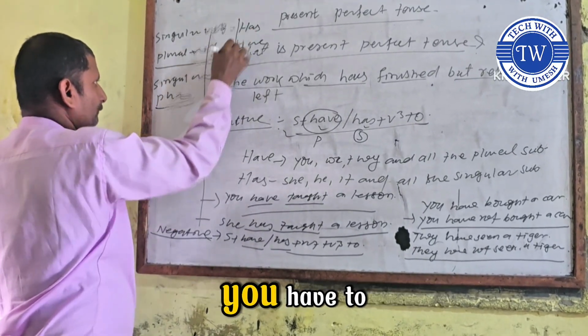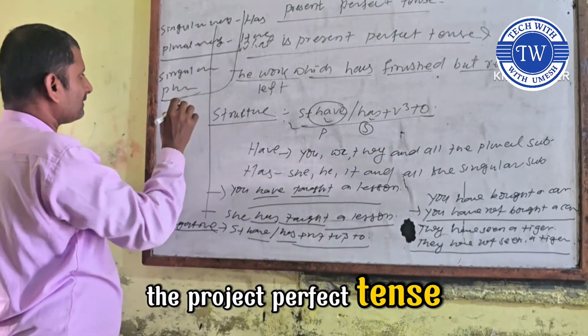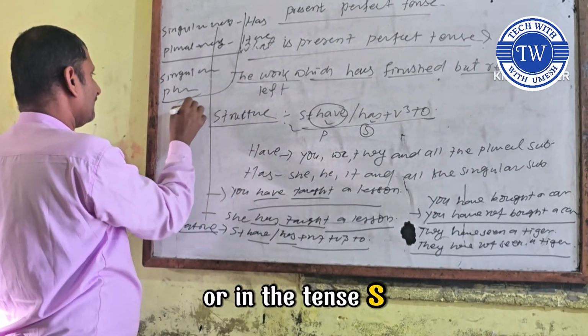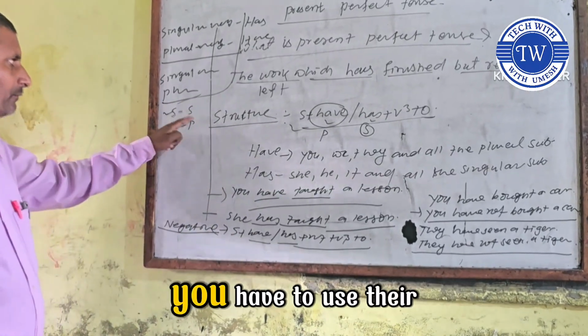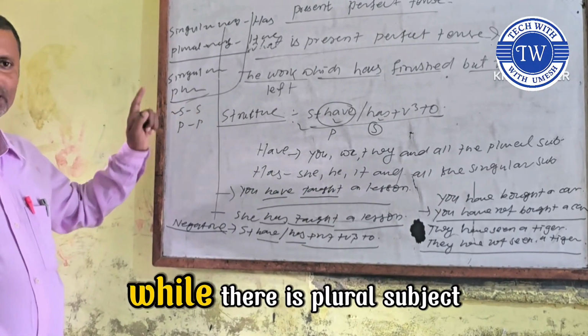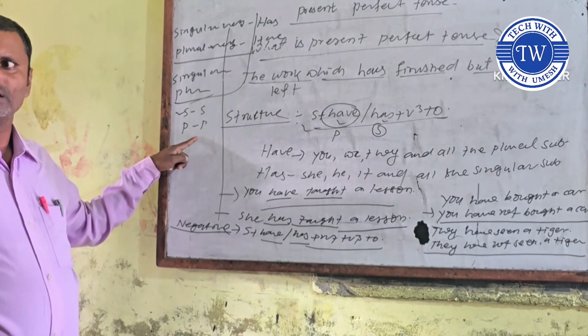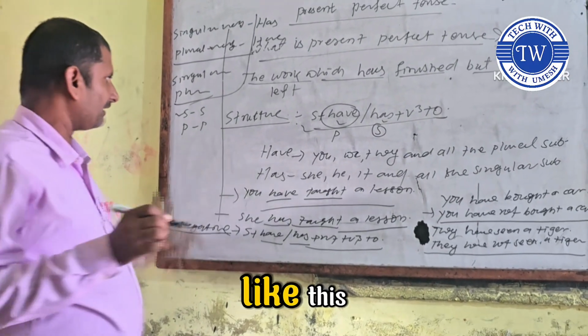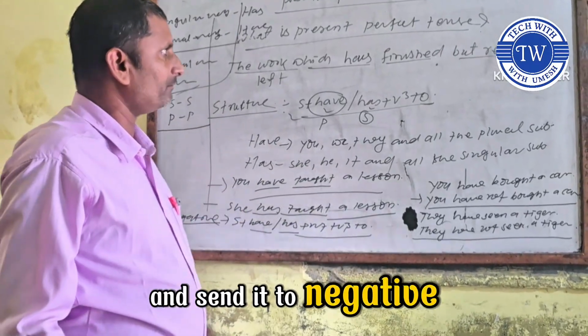It means you have to know one thing in the present perfect tense, or in the tense: SS and PP. While there is a singular subject, you have to use the singular verb. While there is a plural subject, then you have to put the plural verb. Like this, we can make the sentence and change it into negative.